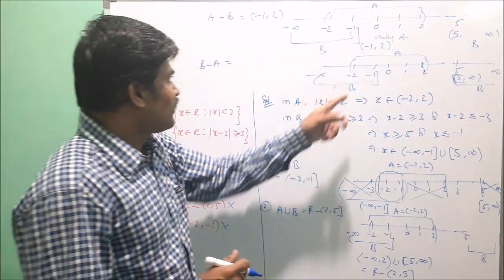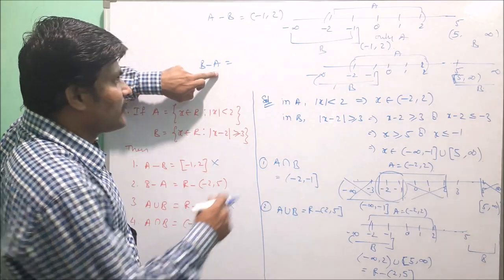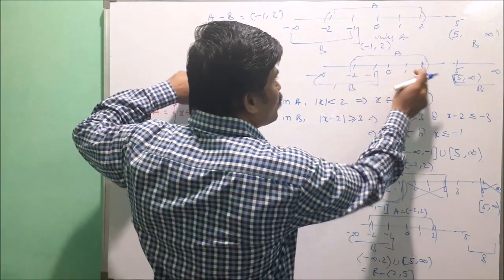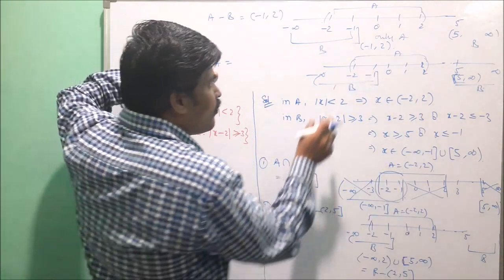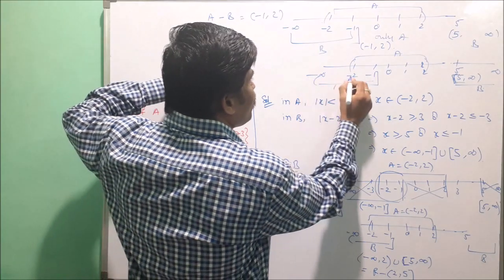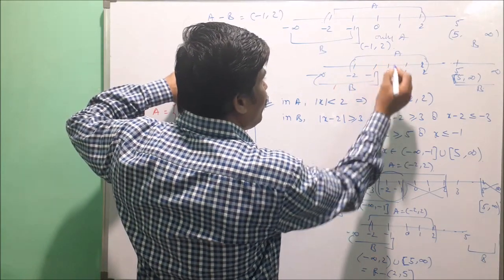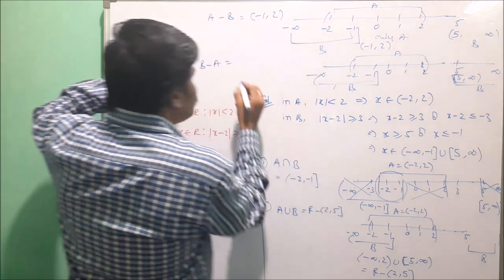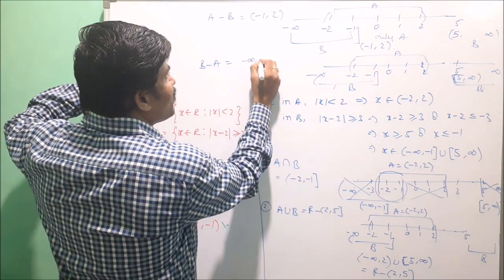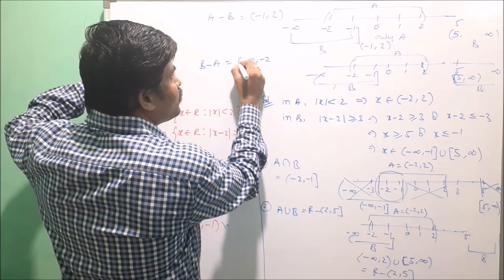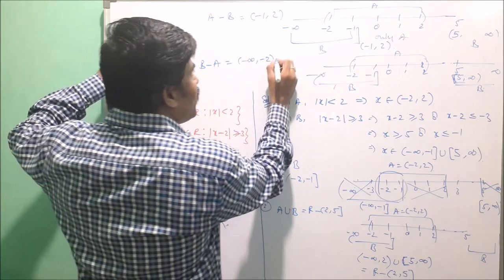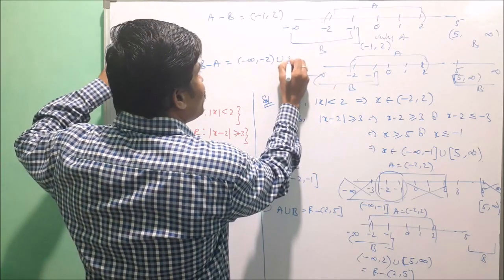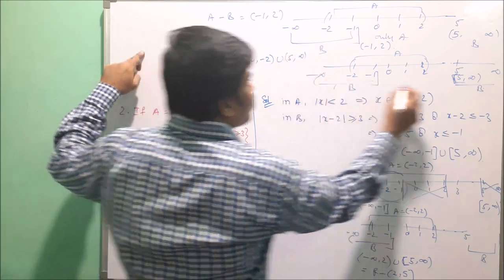Now in B minus A, the A part is minus 2 to plus 2. Only B is minus 2 to minus 1 including A. Now minus infinity to open minus 2, union 5 to infinity. So this is also only in B.